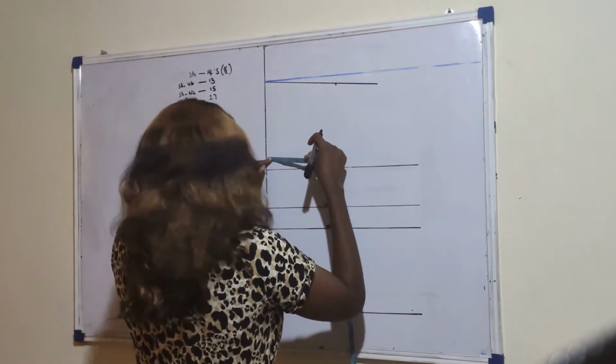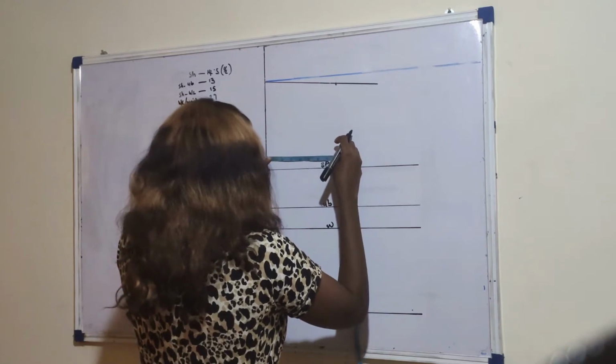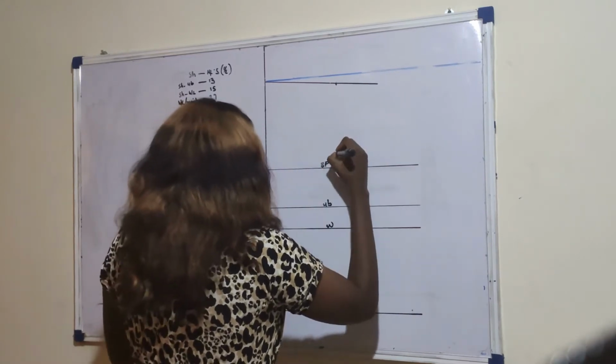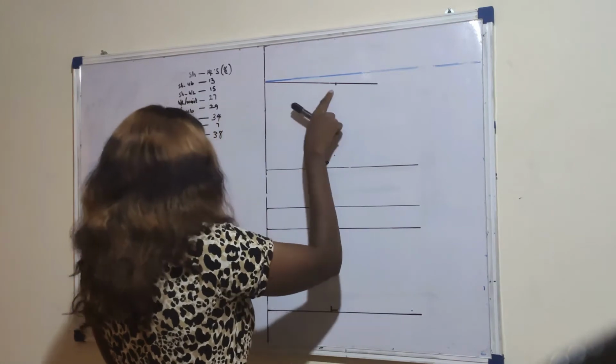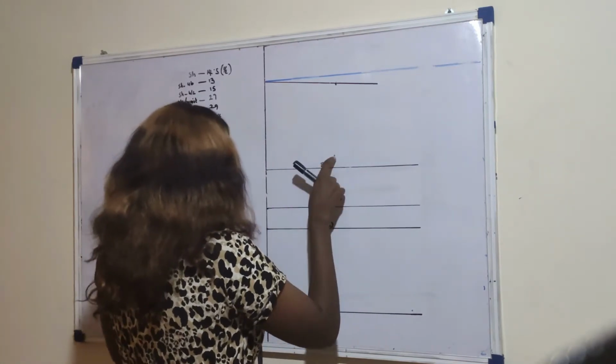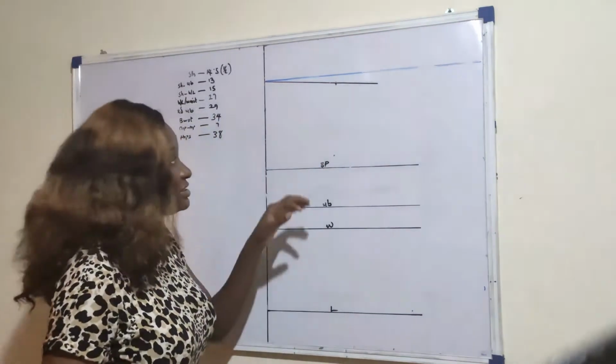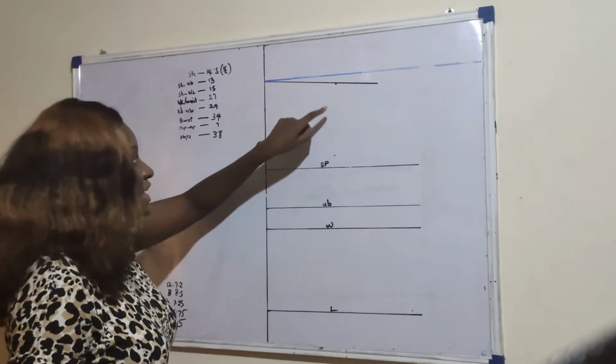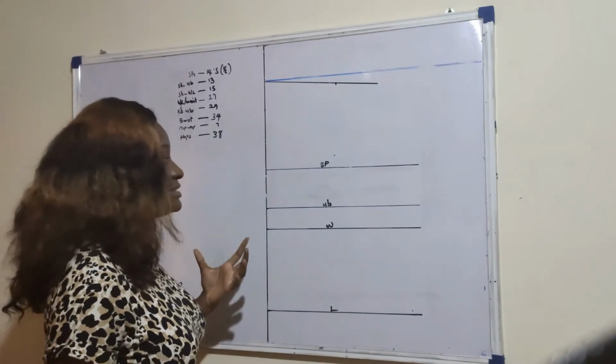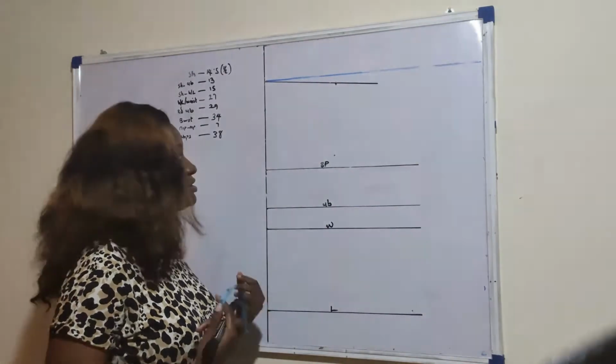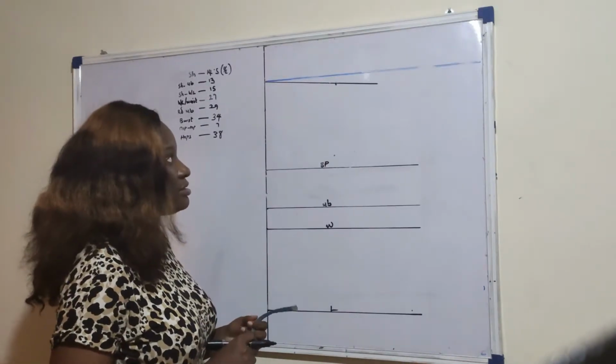Let's make sure it's at the shoulder level point, and this place should be the same. But you can get this by dividing the bust of the client by 6.